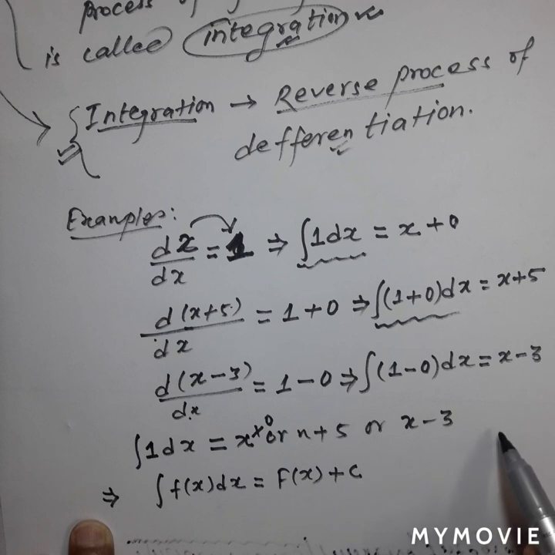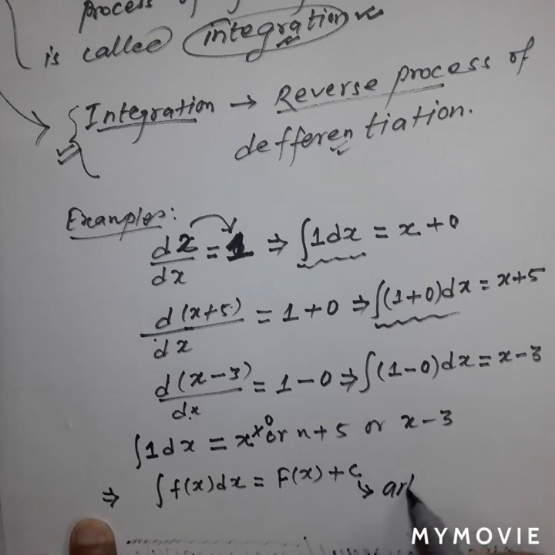So if we find antiderivative of any function, then we get another function plus some constant, and here this constant is known as arbitrary constant.